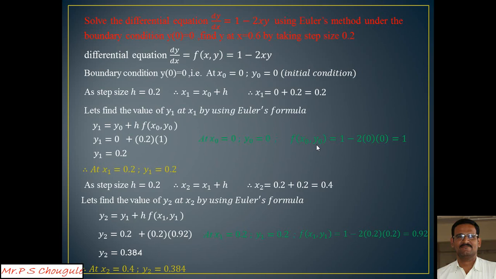You need to repeat these steps until we get the value of y at x equal to 0.6. Similarly, if I repeat this format, we will get the value of x3. I have written all this information for the sake of your understanding. You can write this information in tabular form also. I will show it.